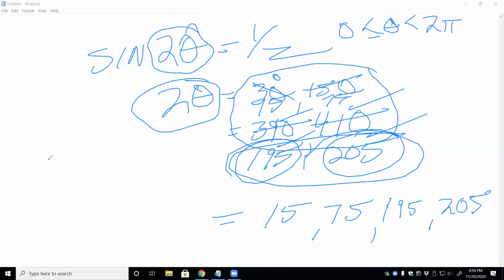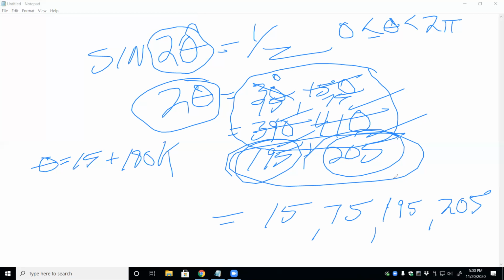The solution would be theta equals 15 plus 180K. That gives you the 195.